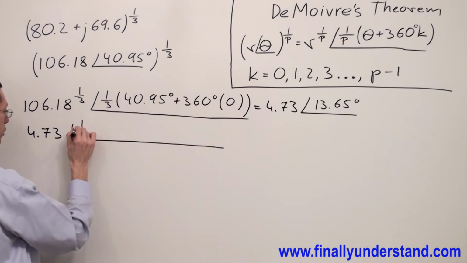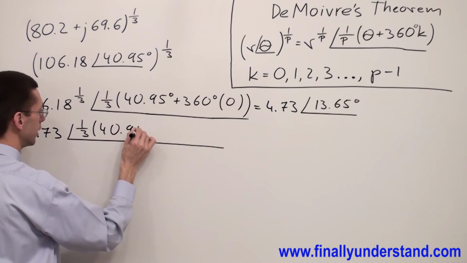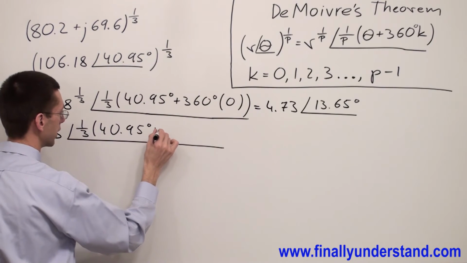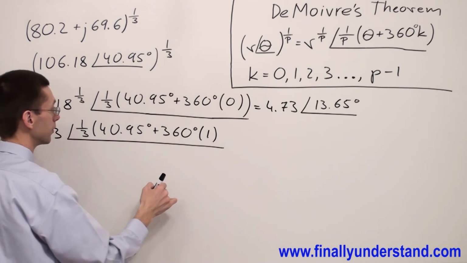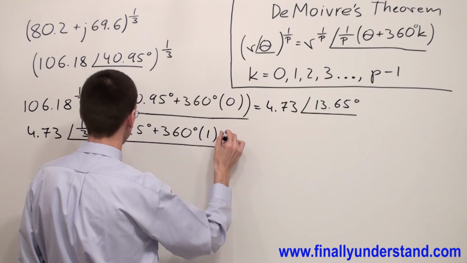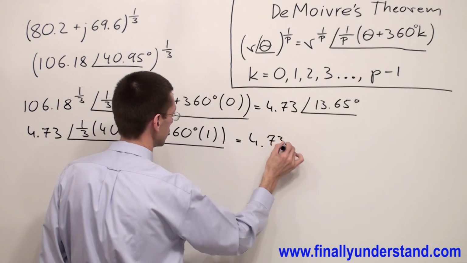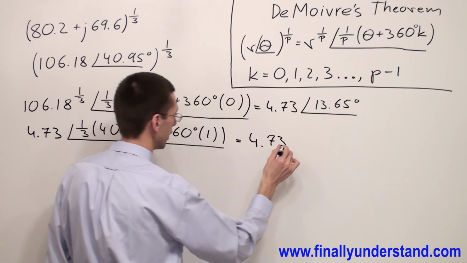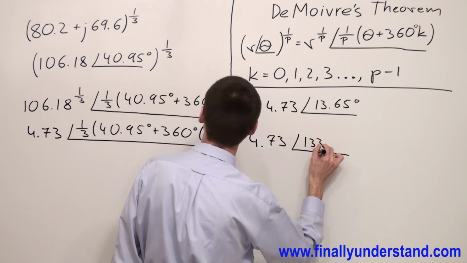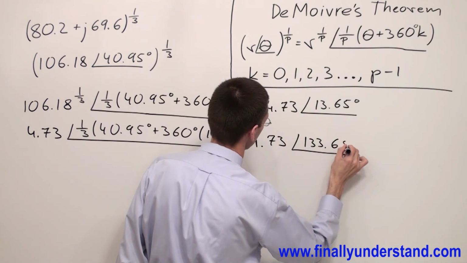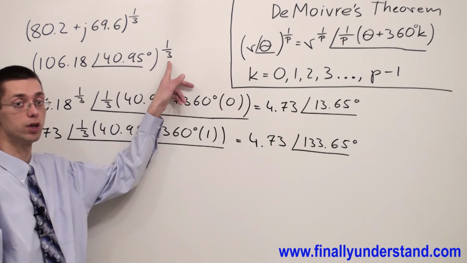I have angle 1/3 times 40.95 degrees plus 360 degrees times 1, and this is equal to 4.73 and an angle of 133.65 degrees. This is my second root, but we're supposed to have 3 roots.